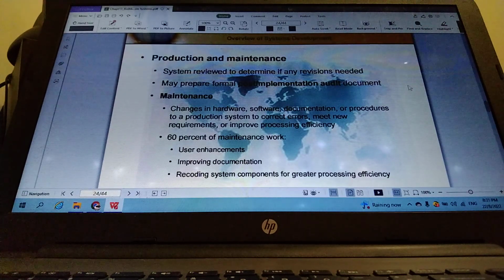Some might require recoding system components for greater processing efficiency. Some of the tasks may take too long to get done. Maybe it is too slow, or the system might have some performance issue. So all this will be highlighted during the review process and will be carried out during the maintenance period.